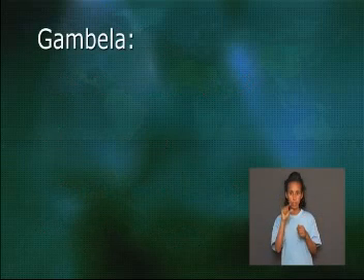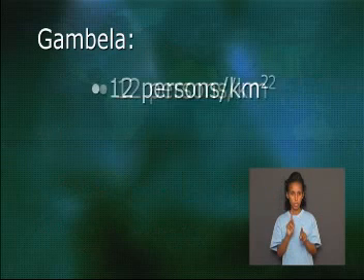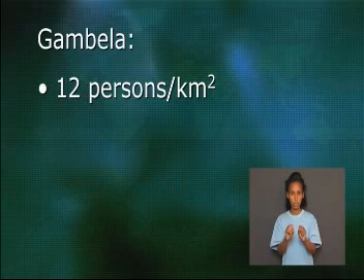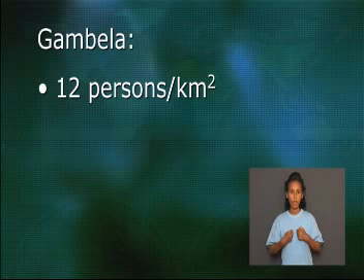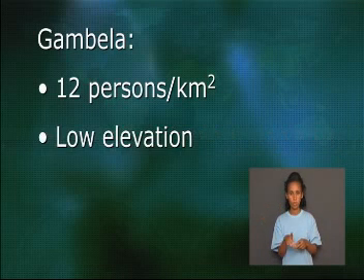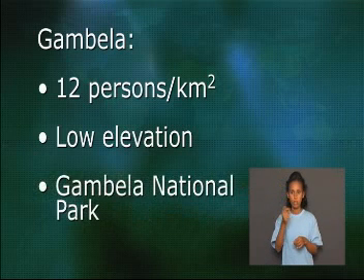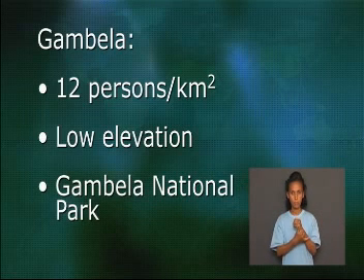Gambela has the least dense population among the regions listed on the chart. This region has a very low elevation at around 500 meters above sea level. It also contains Gambela National Park, which takes up about 20% of the region.